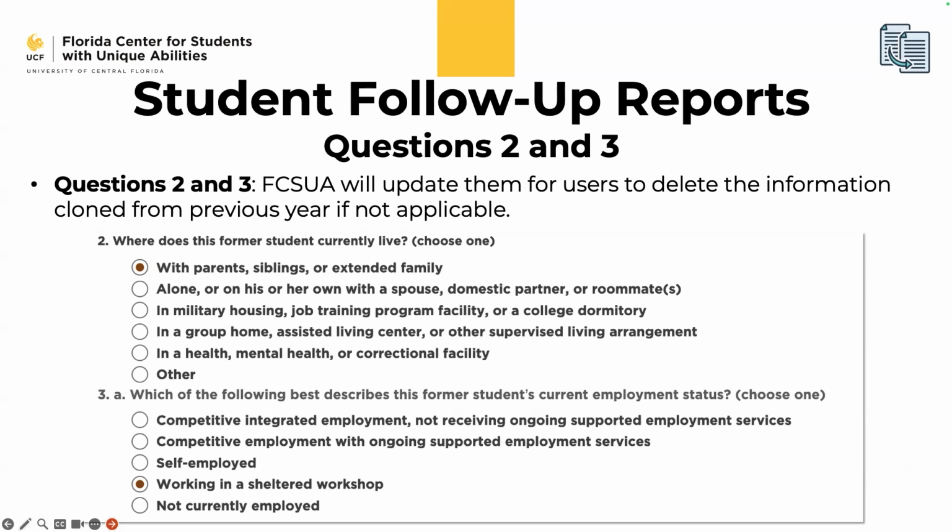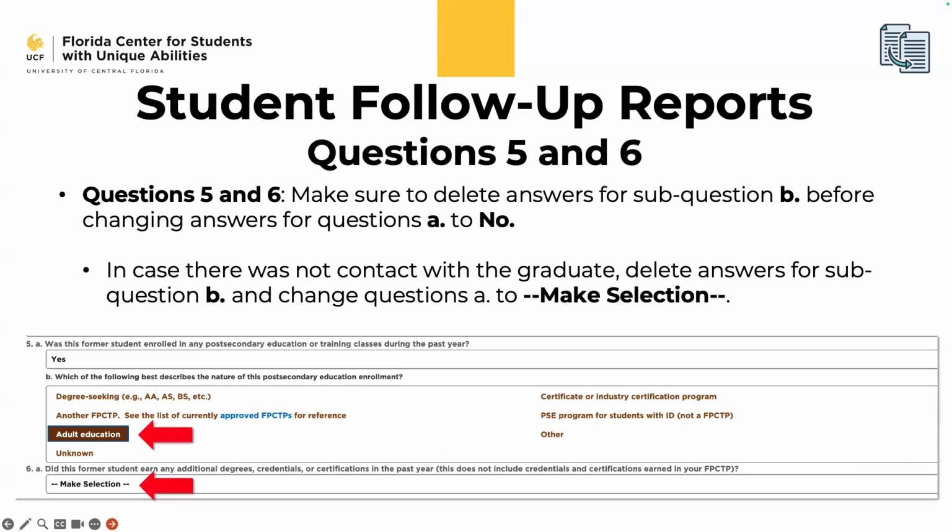Right now, in this format, you cannot do that, but probably in the next couple of weeks, the format of this question is going to change for you to be able to clear it or select a different option if you have to. We want the data to be accurate. If you're reporting on the 24-25 academic year, the data has to be a reflection of that year, not from the year that you cloned the report from. So it's key to remember.